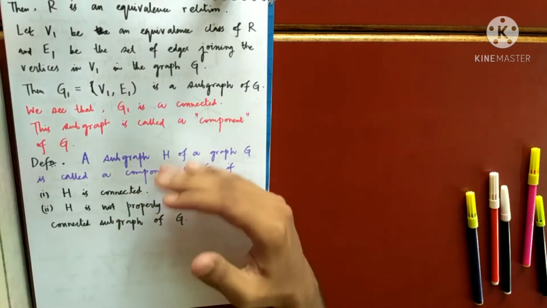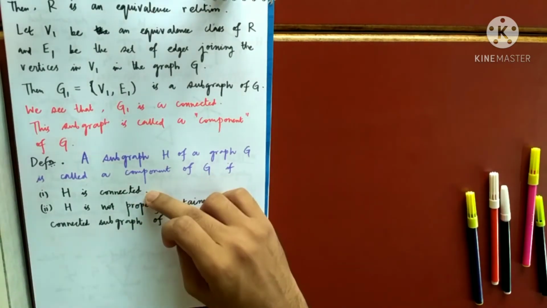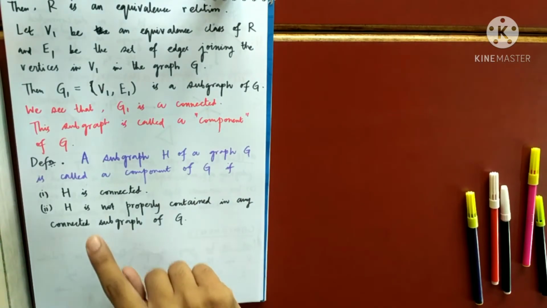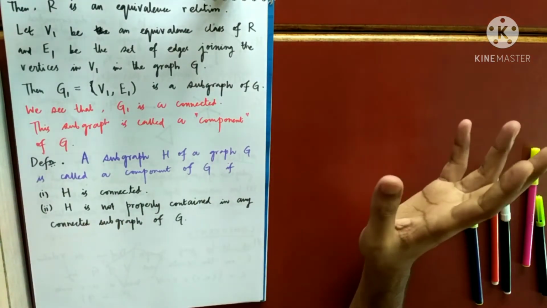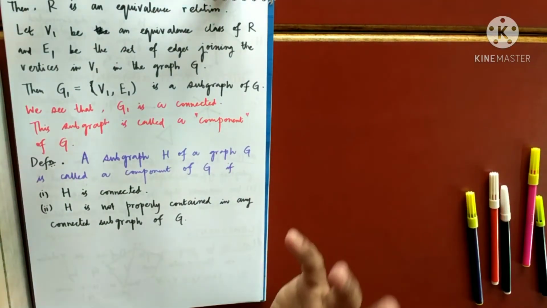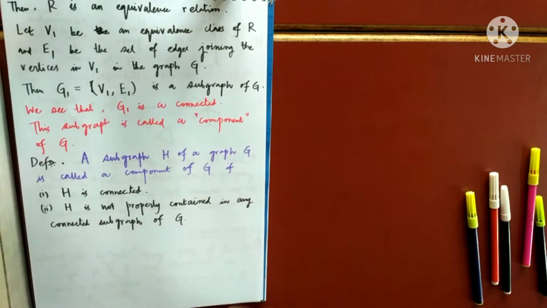So this is what we mean by a component. It is a subgraph which is connected and that is not properly contained in any connected subgraph of G. That means that is the biggest connected graph that you can find. Okay, the term biggest is definitely wrong. You should use the term maximal. So they are maximal connected subgraphs.